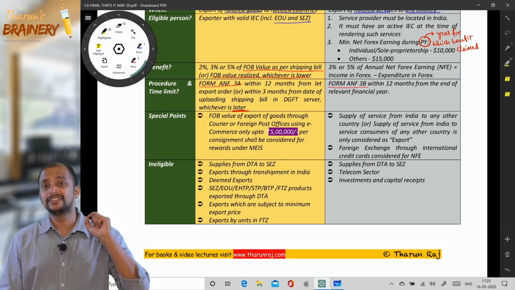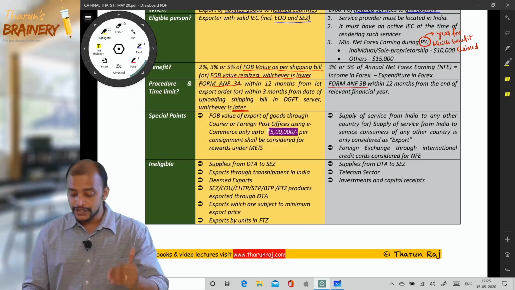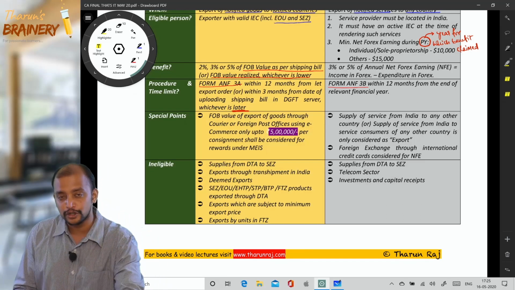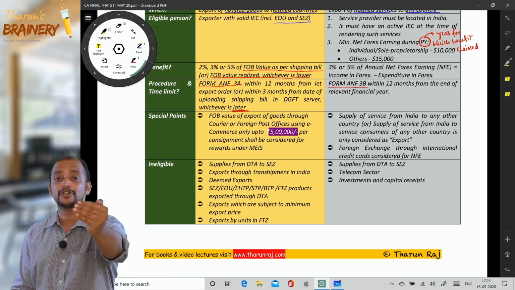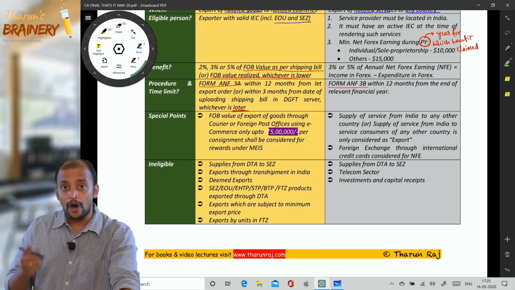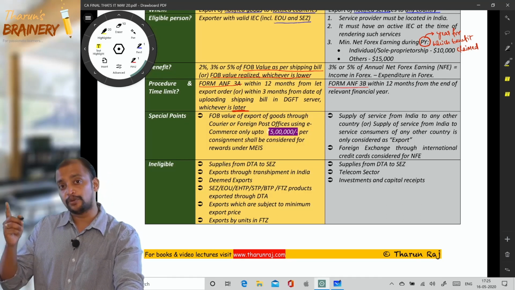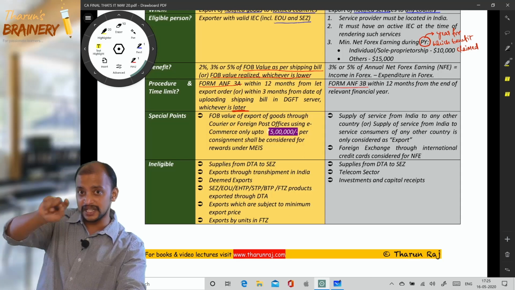In case of 3A, that is for MEIS, it should be filed within 12 months from let export order. Who will give let export order? Customs officer will give. Within 12 months from let export order or within 3 months from the date of uploading of shipping bill in the DGFT server.